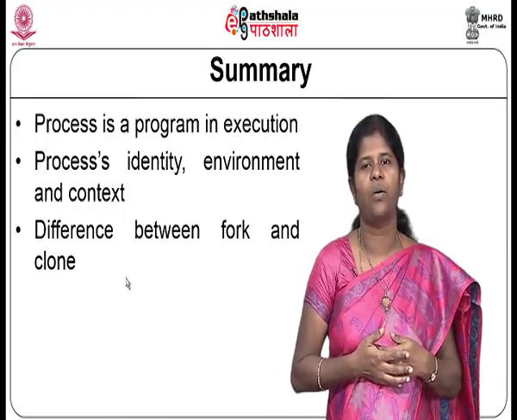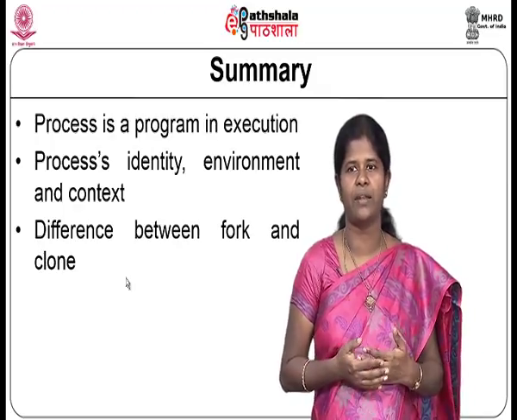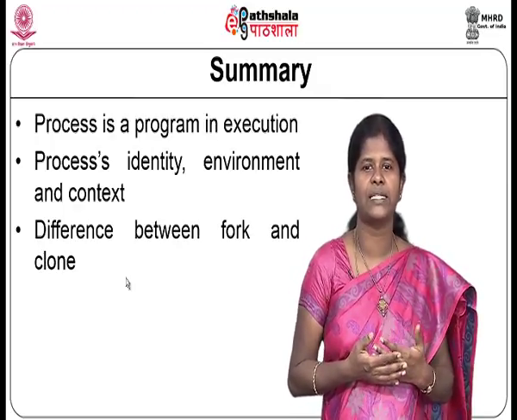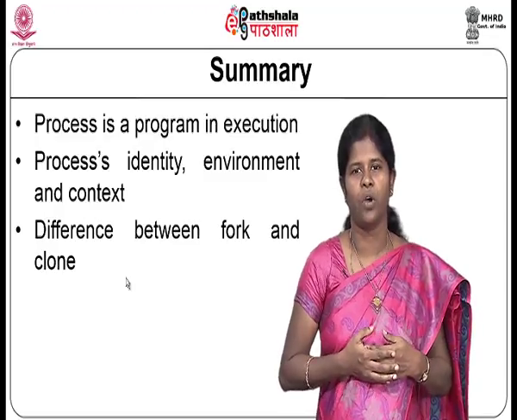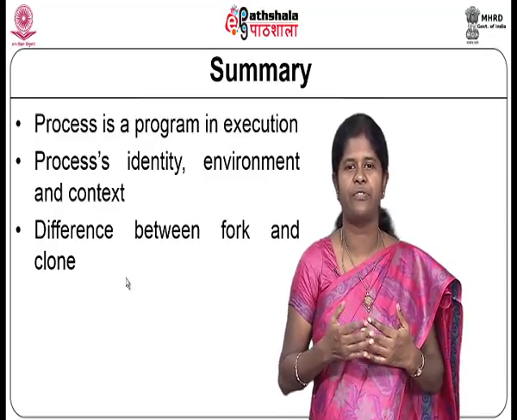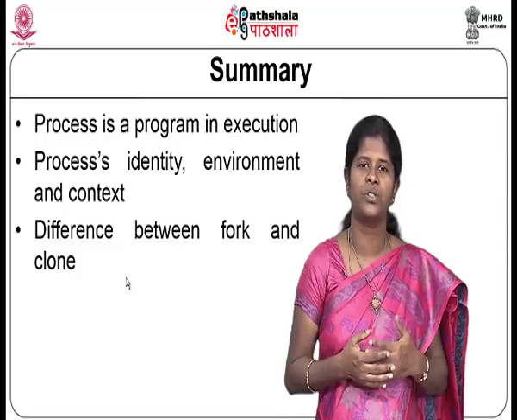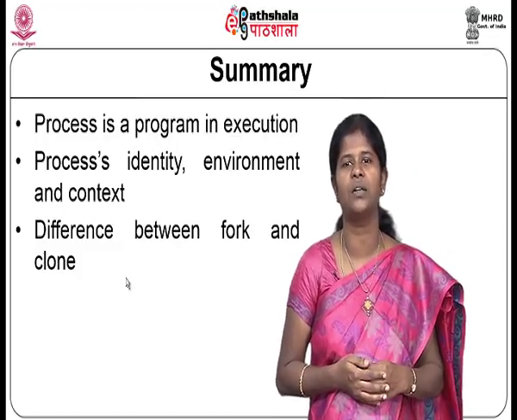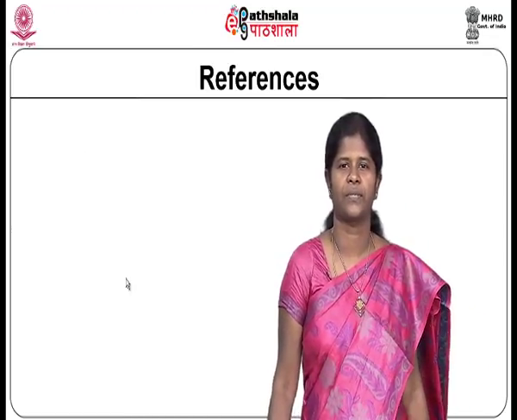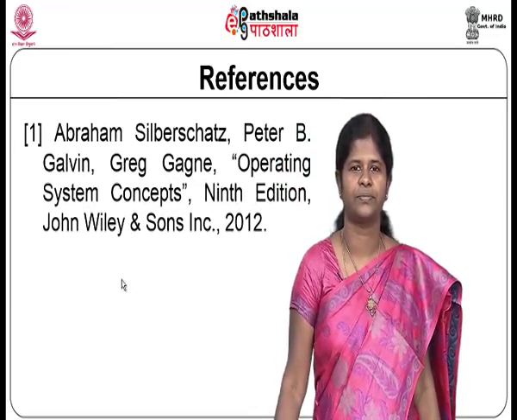If only copying is done and no sharing is being done, then that is the default case that happens in fork. And if you want to set some flags and share some context, then you can use the clone call. References. Thank you.